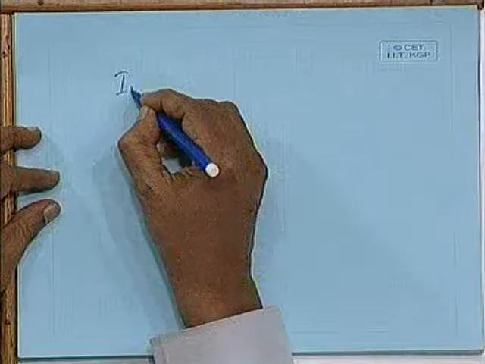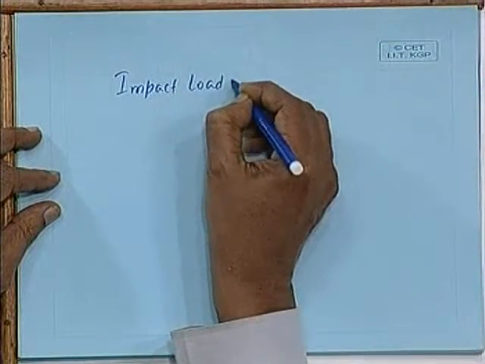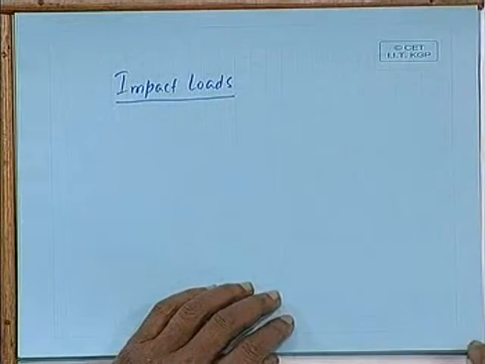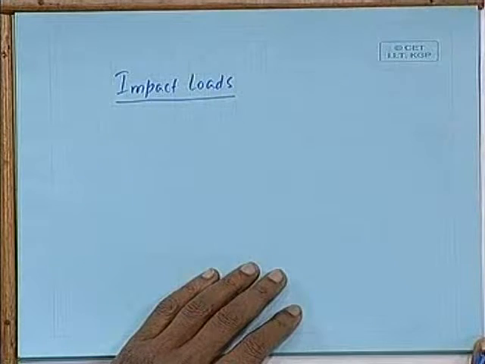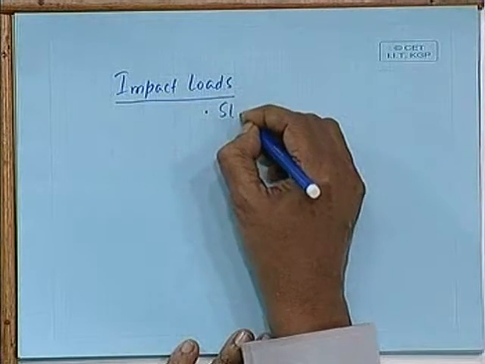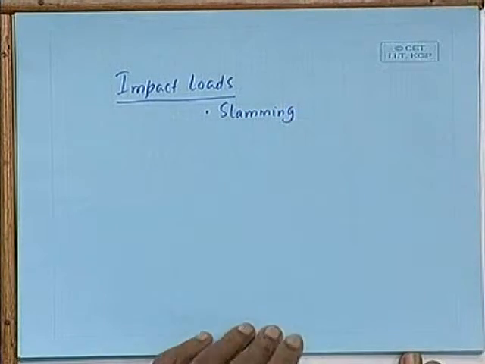Apart from this, you have impact loads, which apart from stressing the ship structure also cause vibration. Let us hear some of the impact loads. First in the mind, of course, is slamming.